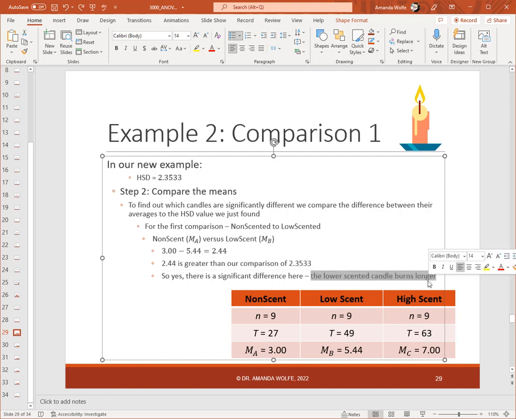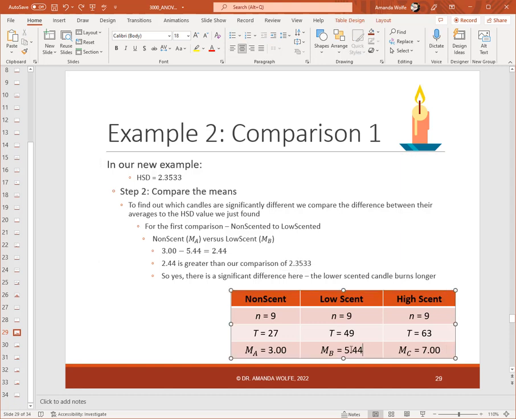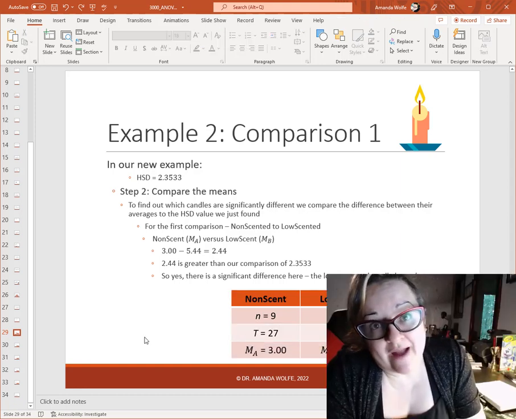The lower scented candles burn significantly longer than the non-scented candles. I know that because, again, the difference between the means is greater than the post hoc value, and that means that this 5.44 is significantly higher than 3. Remember, you can't just compare averages.